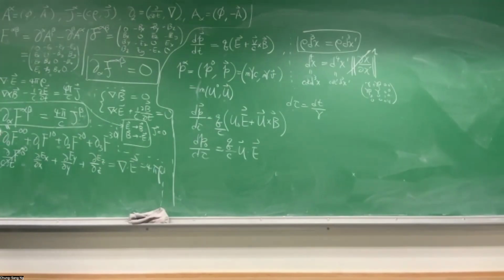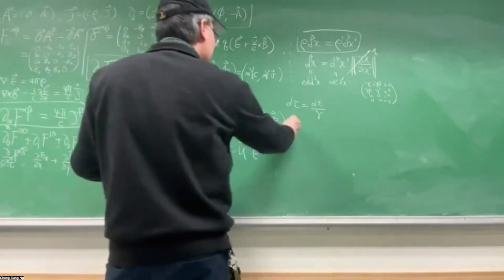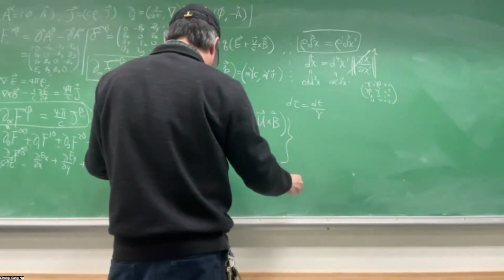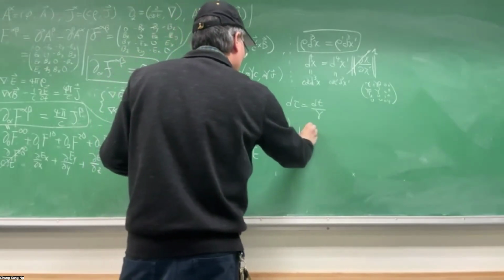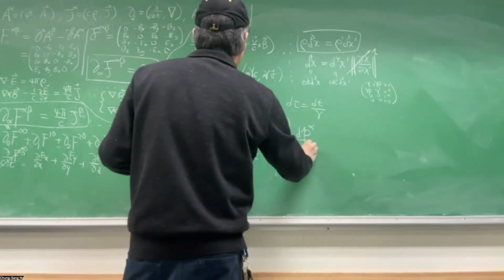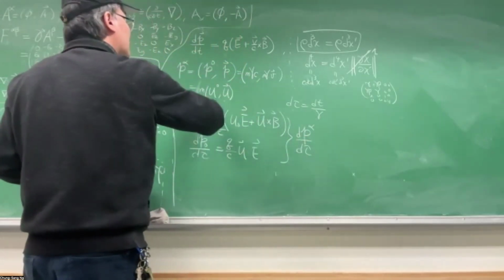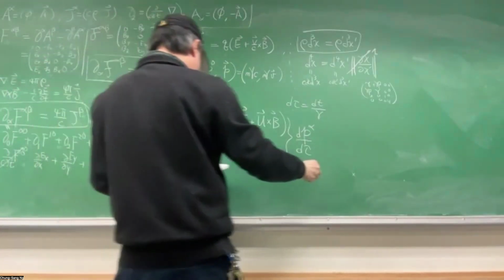But finally we write that in the form that is combining these two. The form is in equation 11.144. It will be dp over d tau. Just use this one and this one here.